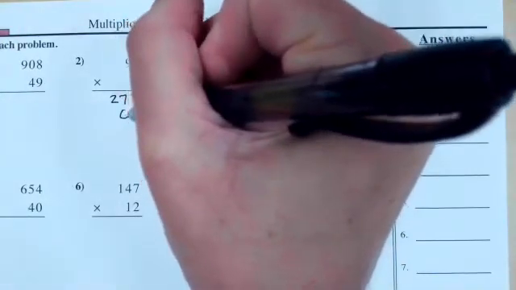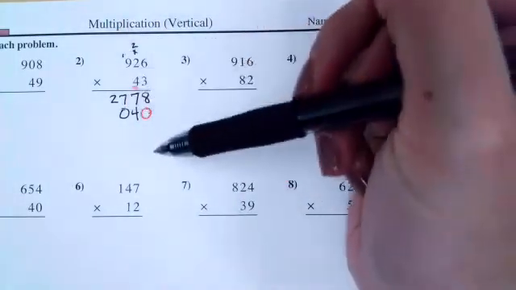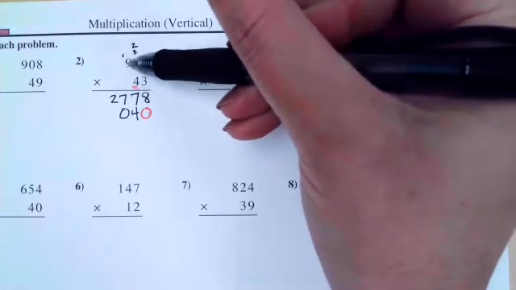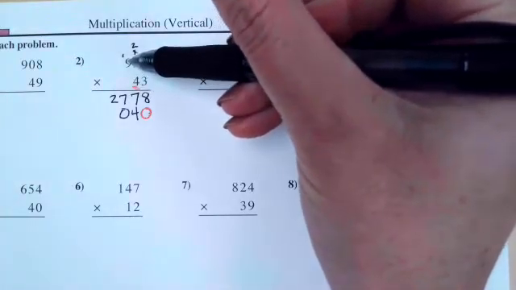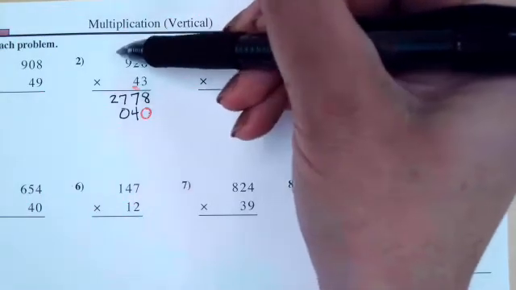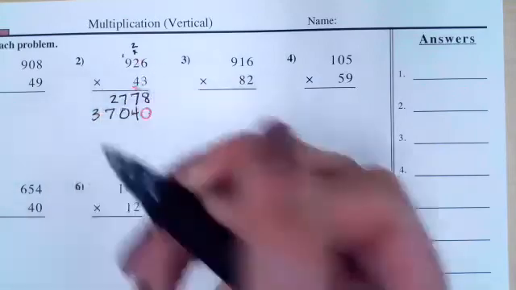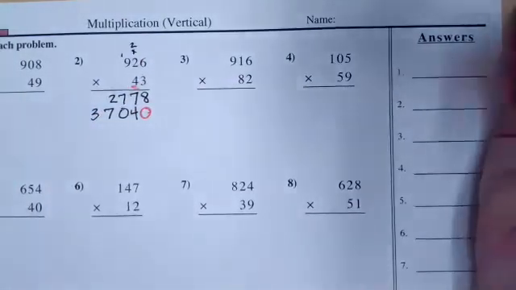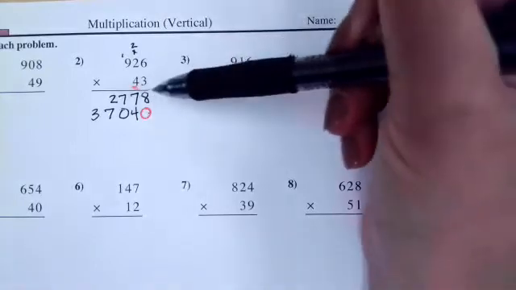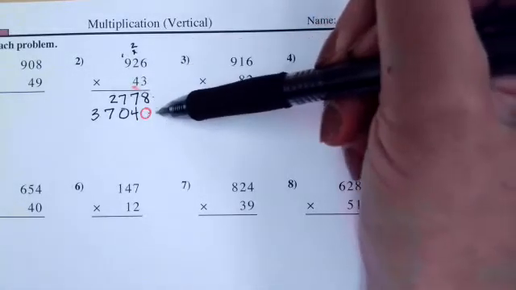So we put the 0 down here and we carry the 1 to make 10. Now we do 4 times 9, which is 36, plus 1, 37. But we don't have any number here to carry the 3 over, so we can go ahead and put the 37 right here. So now we have 926 times 3 here, and we have 926 times 40 here.